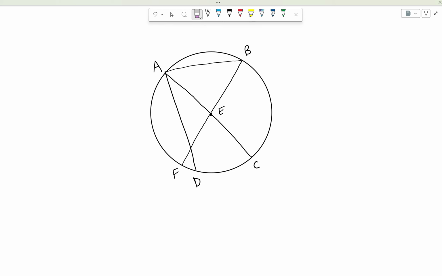The answer is infinity, right? So instead, a circle gets named by its center. So this guy literally is circle E. You can write circle E, but this little circle with the dot in it suffices for a circle.